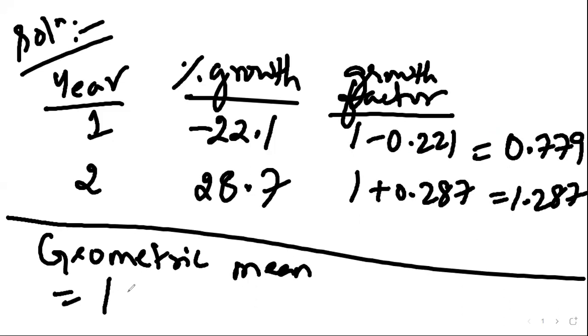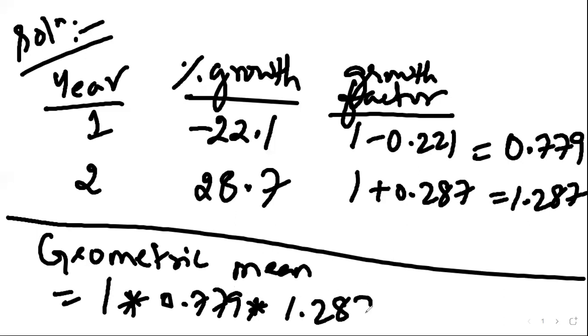Now we have to determine the geometric mean. The geometric mean is nothing but the square root of 0.779 into 1.287. Can you determine the answer for this?